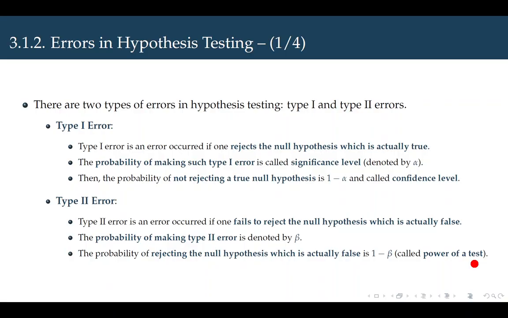And the probability of rejecting that null hypothesis, which is actually false, is the power of a test. It is just 1 minus the probability of committing type 2 error. So these are the two common types of errors in hypothesis testing.